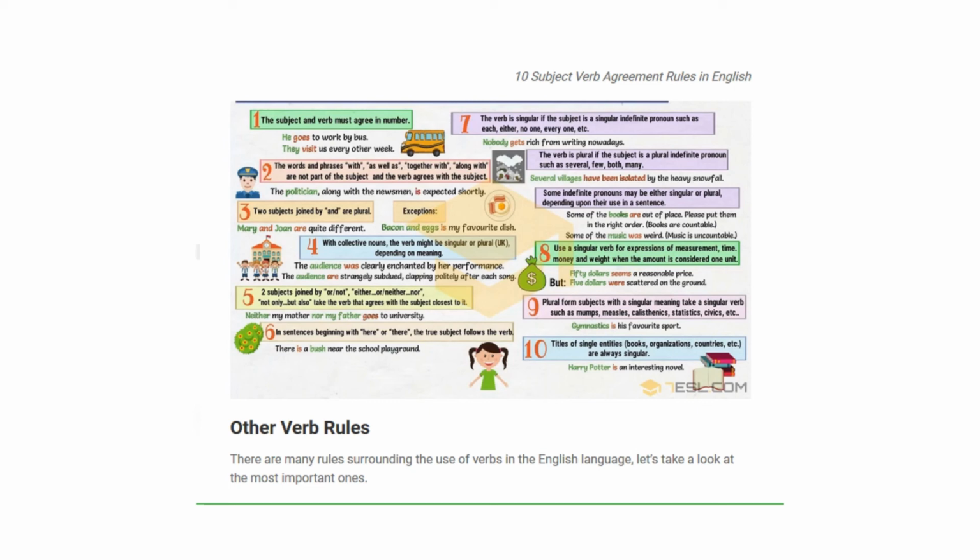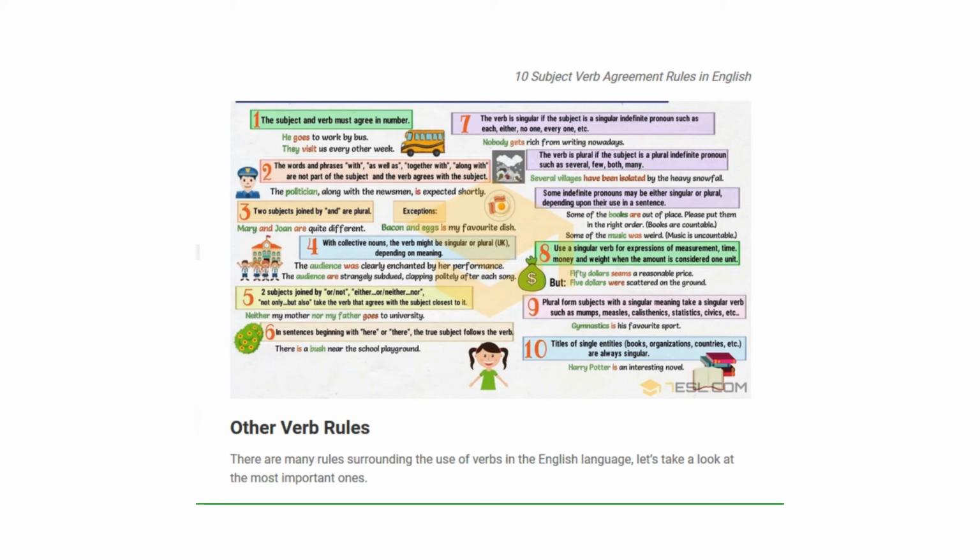Example: the audience was clearly enchanted by her performance. The audience are strangely subdued, clapping politely after each song. Number 5, subjects joined by or, nor, either or, neither nor, not only but also take the verb that agrees with the subject closest to it. So we have: neither my mother nor my father goes to university.